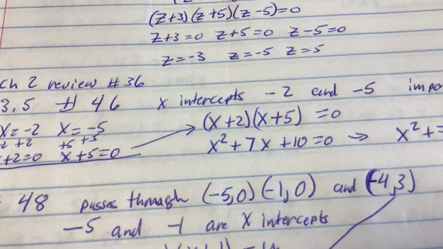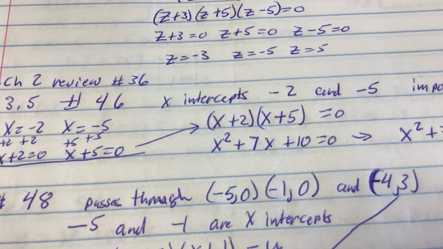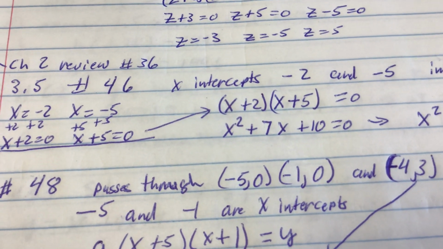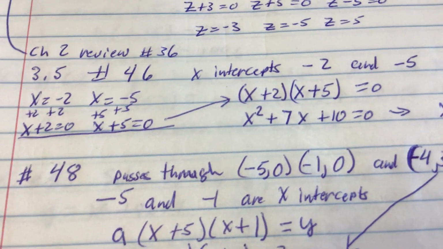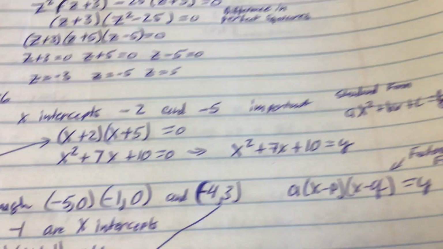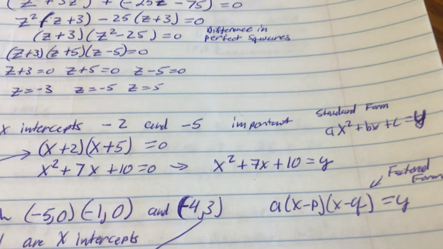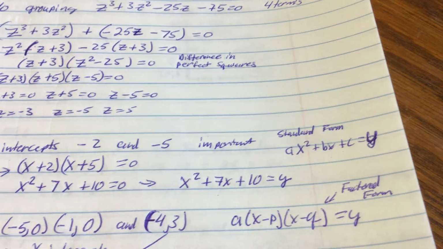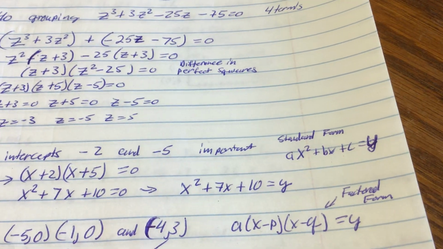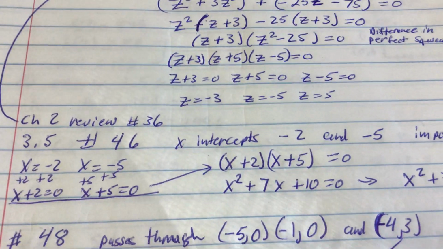Again, this is just FOILing: x squared, 2x plus 5x being the 7x, and then plus 2 times 5 is the 10. That ends up equaling 0, but that would actually equal y in standard form. So just change the 0 to y to put it in standard form.